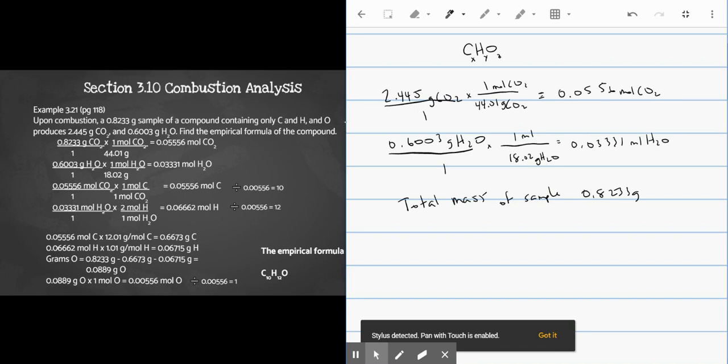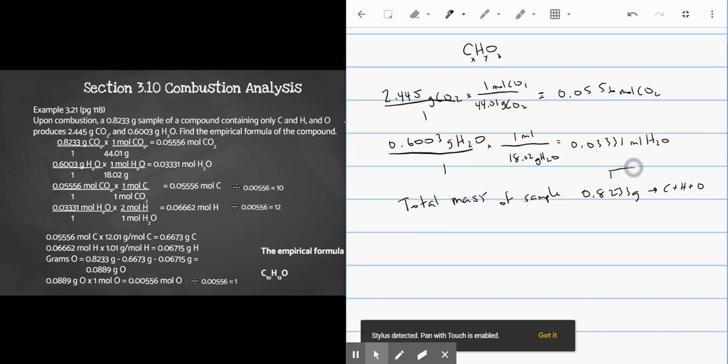So this sample contains C's, H's, and O's. We know, or we will know, how much C and how much H we have, so we can subtract the mass of carbon and hydrogen from the total, and the leftover will be the mass of the oxygen.